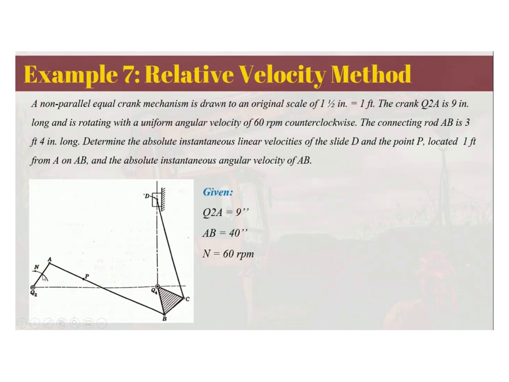And then the revolution of Q2A is counterclockwise at 60 RPM. Having this given, we are looking for the velocity of B, this slider here, the velocity of point P, the point on this link, and then the angular velocity of this floating link.